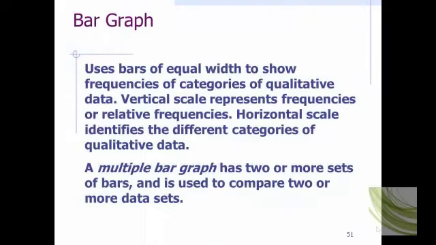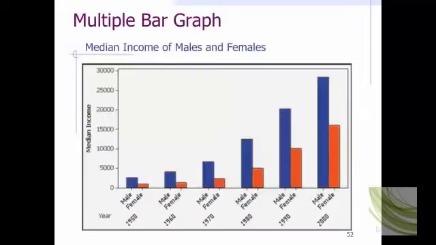Now, we use bar graphs usually when we have categorical data, or qualitative data that is not continuous, that would be discrete. Remember, like the number of eggs a hen lays. When we do a bar graph, there are spaces between the bars. That's the difference between a bar graph and a histogram.